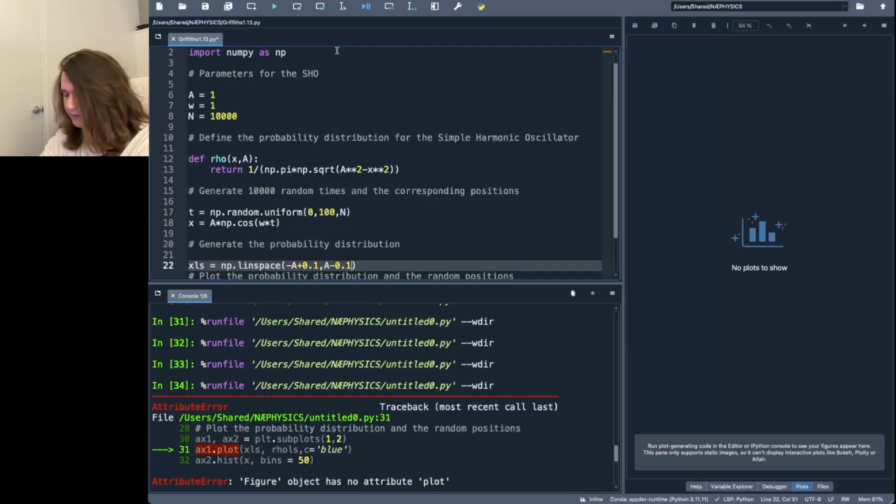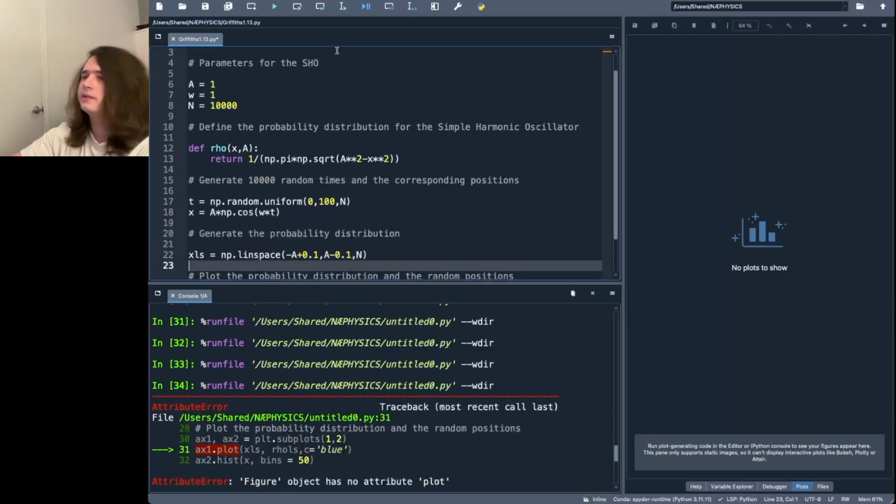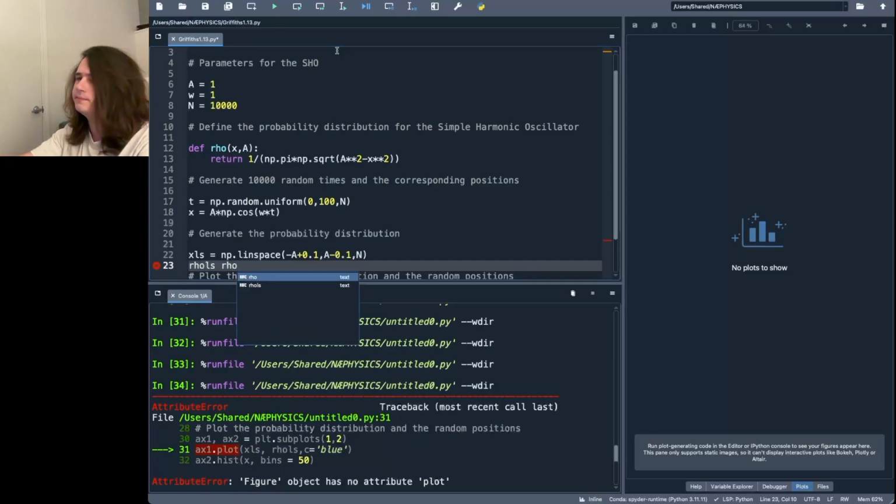I'm going to also do that 10,000 times because why not? And then we can generate a list of our probability distribution by running it through our function of x and a.